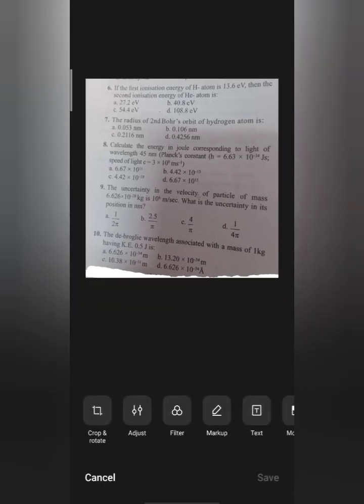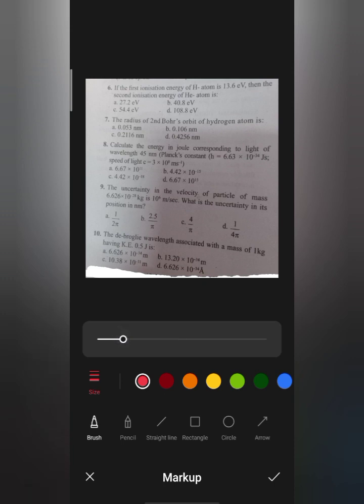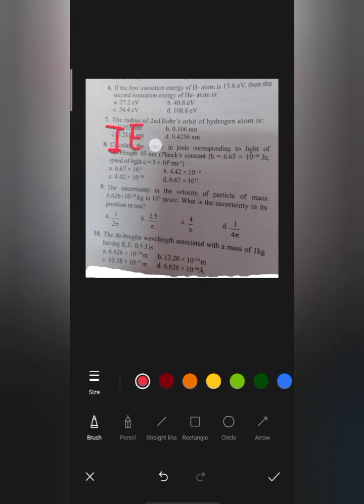Now question number 6. If the first ionization energy of hydrogen atom is 13.6 electron volt, then the second ionization energy of helium atom. For this you have to know the formula of ionization energy. Ionization energy is equal to 13.6 into Z square upon n square, right?